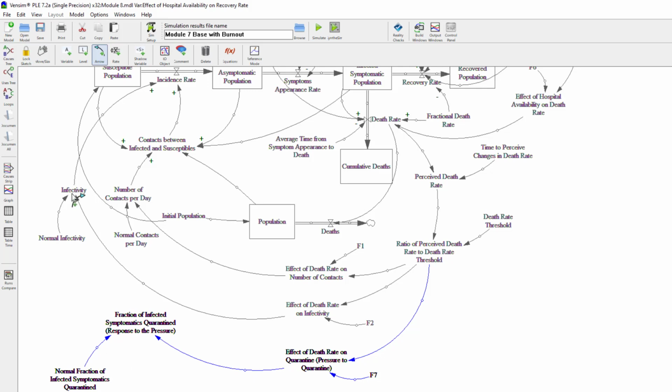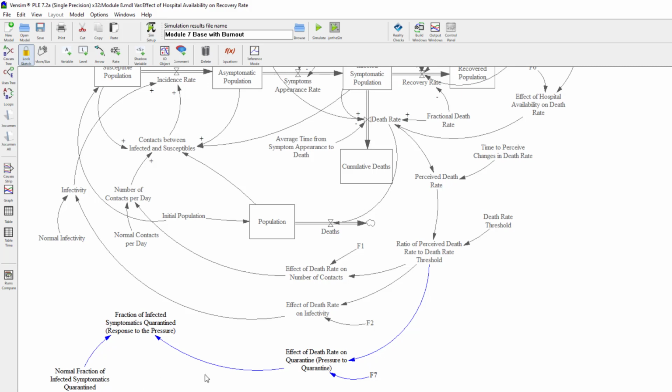Unlike infectivity or number of contacts per day, we need another variable here. The reasoning is, if the death rate goes up, it's going to lower the infectivity and lower the number of contacts per day. However, if the death rate goes up, it's actually going to increase the fraction of people that are quarantined. So the polarity is opposite from infectivity and number of contacts per day.